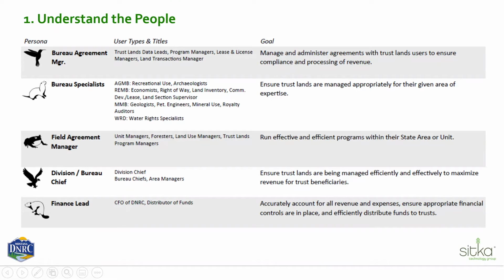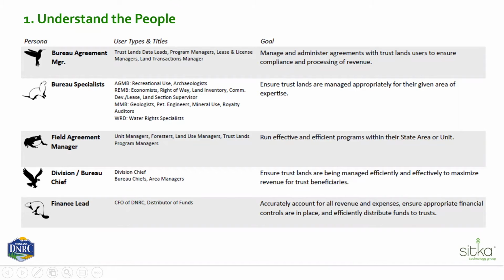They're focused on forest management, for instance, doing those interactions with customers and setting up long-term agreements. A bureau specialist is going to have a deeper technical awareness, focused on the details of specific agreement types or specific contracts that you might have on trust lands.